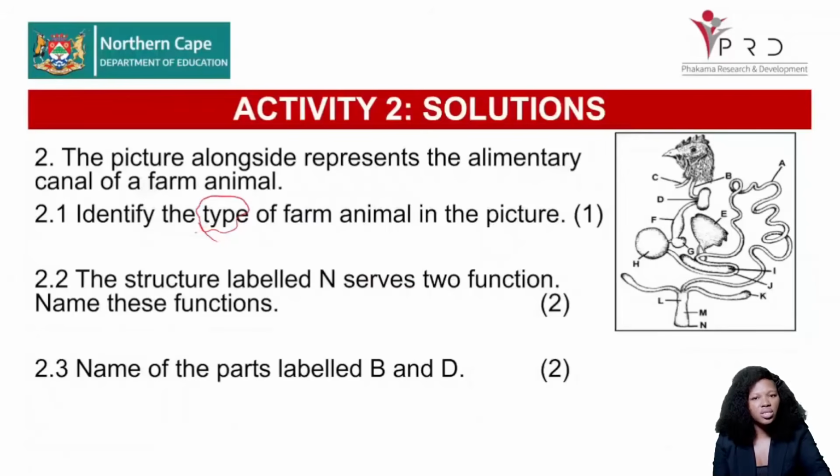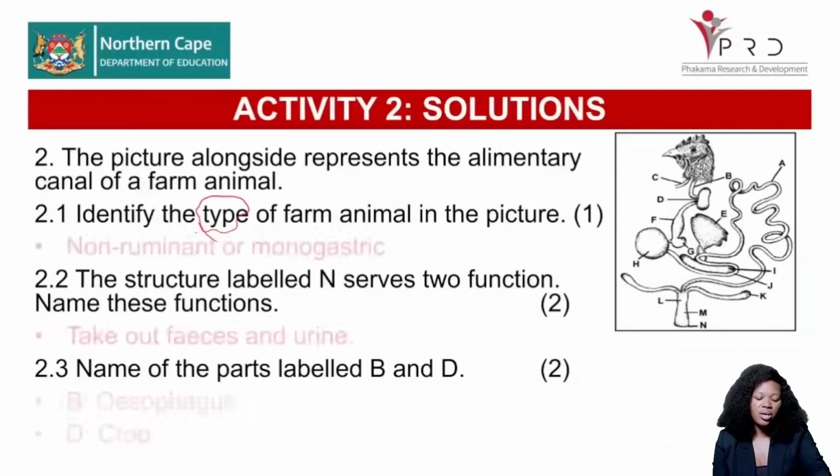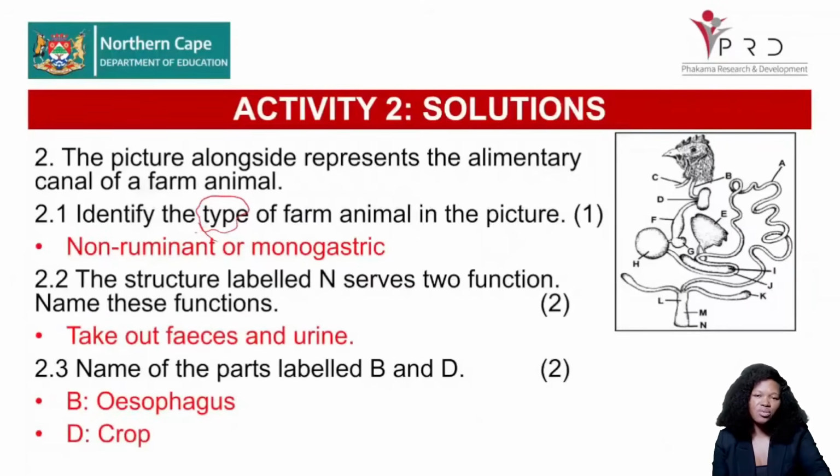So to answer this question, your answer for 2.1 should be a non-ruminant or monogastric. But if you wrote it is a fowl, you are incorrect. If you wrote it is a pig, you are still incorrect. So the correct answer is non-ruminant or monogastric.